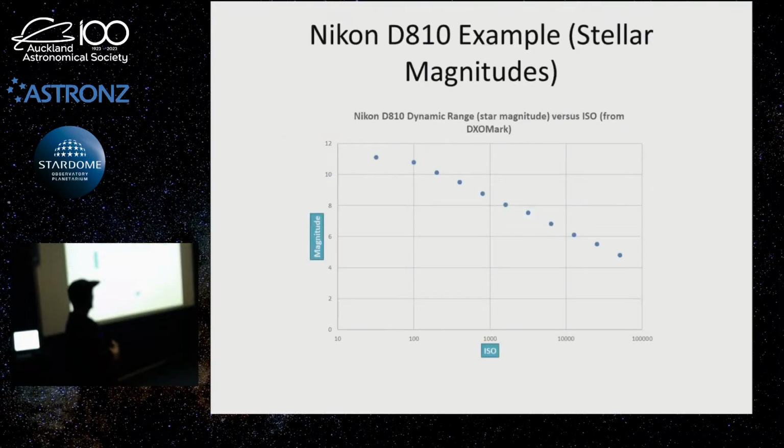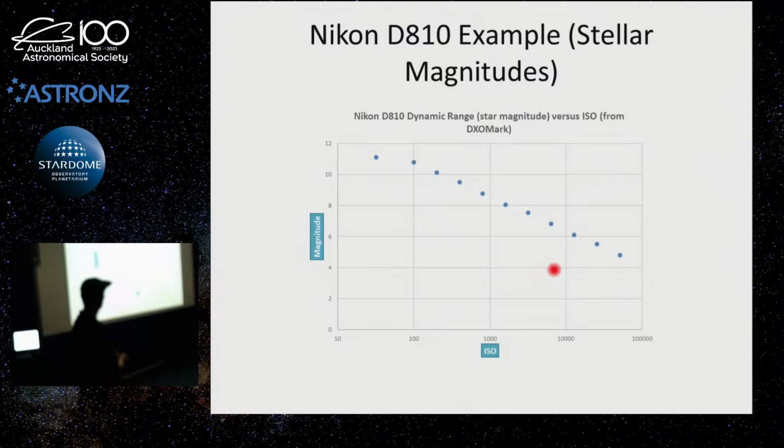So this is my camera, and I've measured the dynamic range in star magnitudes versus ISO. So you can see that for ISO 100, you can measure about 11 magnitudes difference in star brightnesses.